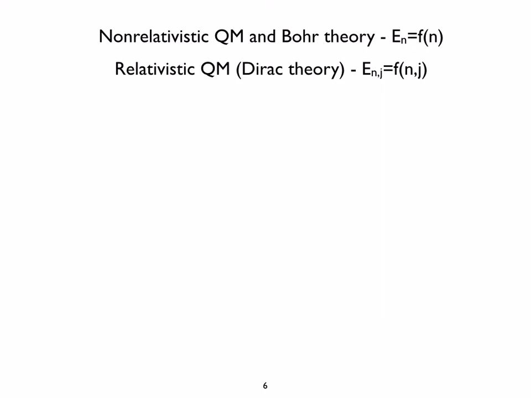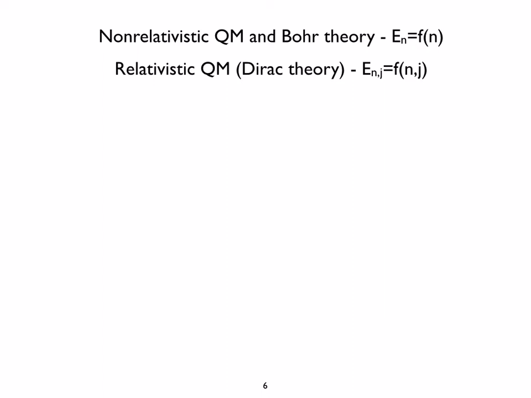The value of this splitting is suppressed by order alpha in comparison with the splitting between levels with different n. And that was the historical reason to call the electromagnetic constant the fine structure constant.